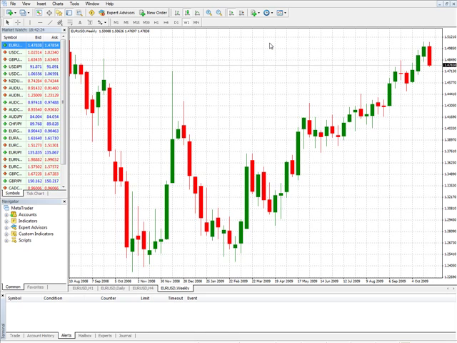Quite naturally, we couldn't use a standard lot size of $10 per pip in the euro dollar US dollar, because, well, I guess we could, but that would be not very many pips. It'd be a small move, in other words.